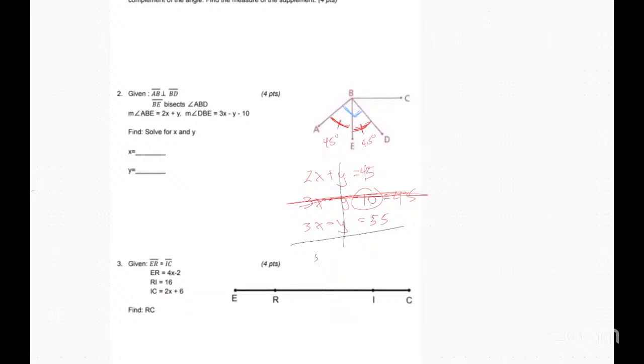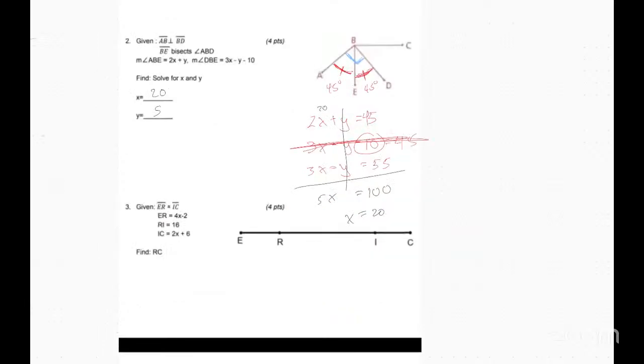Which means x equals what? 20. Good. And if x equals 20, what does y have to equal? 5. Very good. Y has to equal 5. Perfect. Okay. Good job. Number 3.